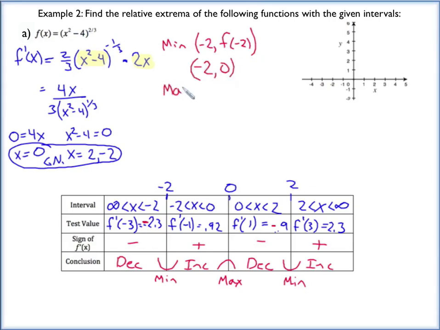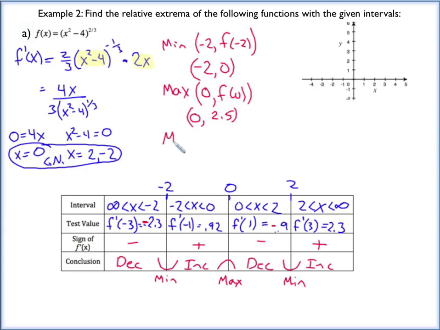We know we're going to have our maximum at 0, f of 0. Okay, so if we plug 0 in here, we get negative 4 to the 2/3, and that comes out to be 2.5.